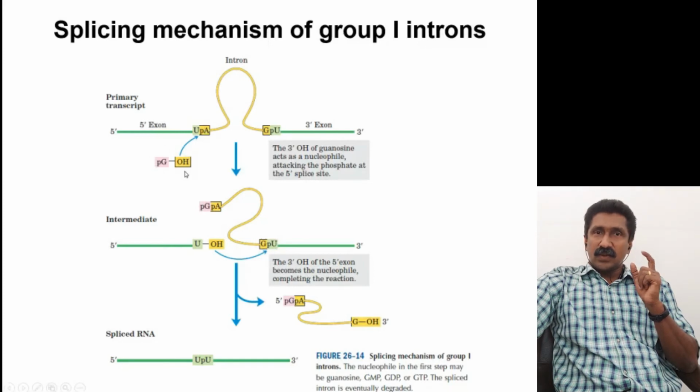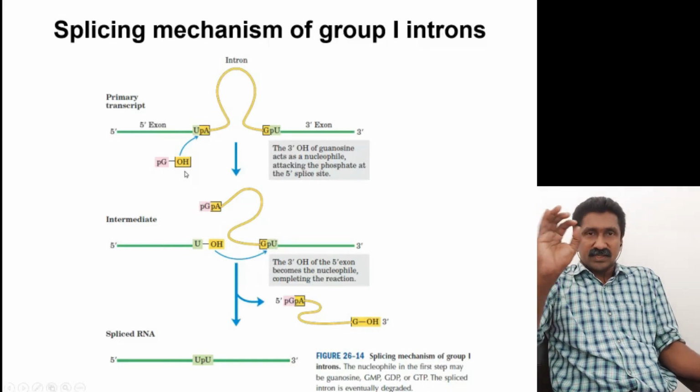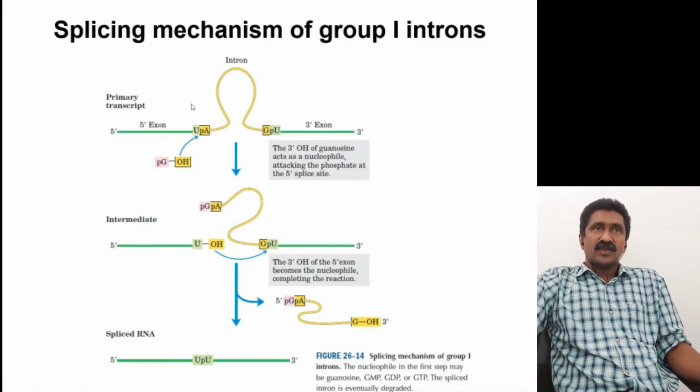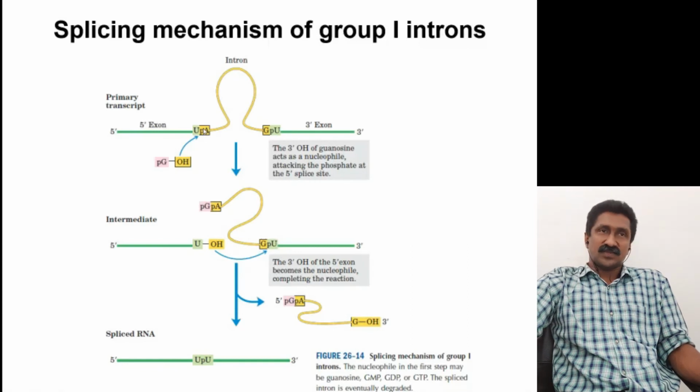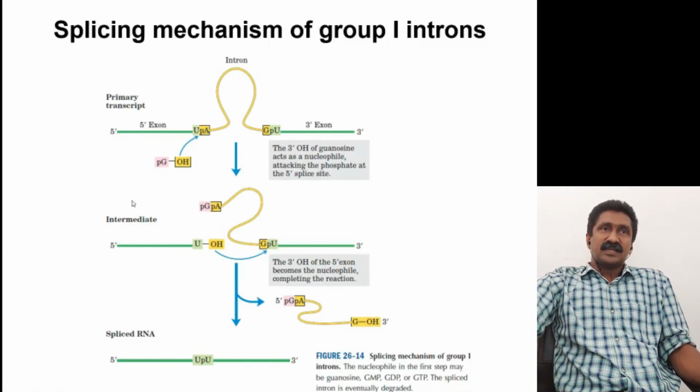An incoming guanosine residue with a free 3' OH group will have a nucleophilic attack on this one. The 3' OH of the guanosine acts as a nucleophile attacking the phosphate group of the 5' splice site, resulting in a free OH group at the 3' end of the first exon.